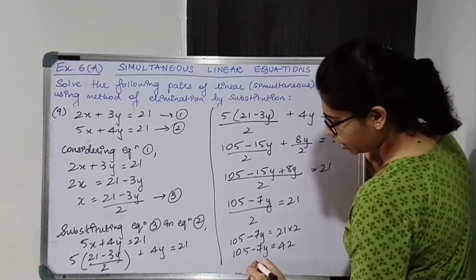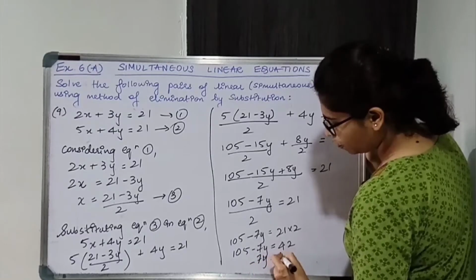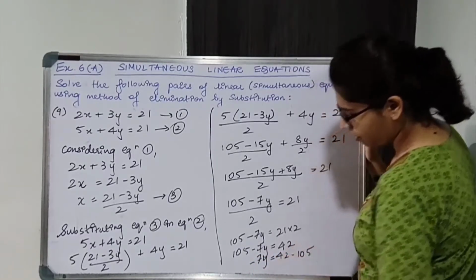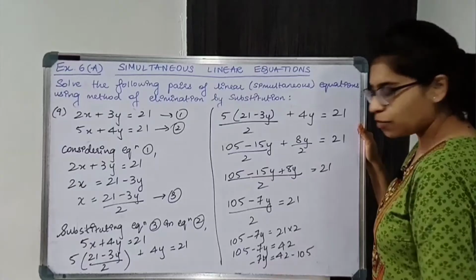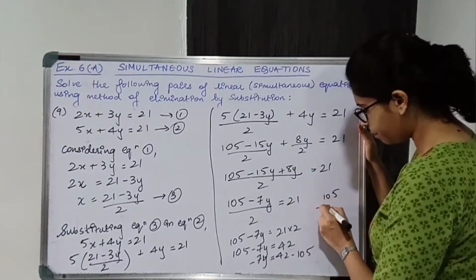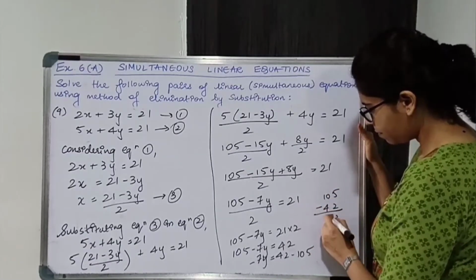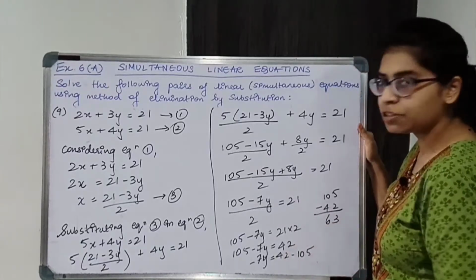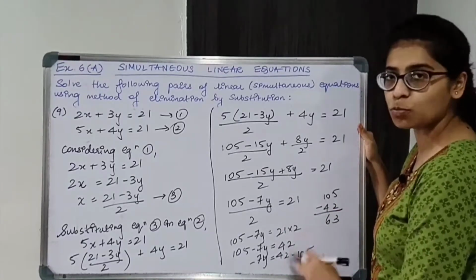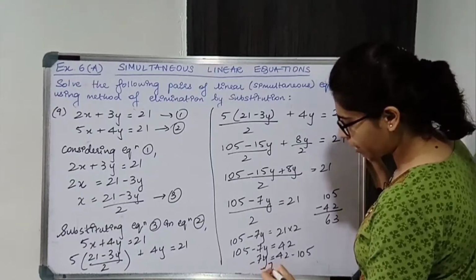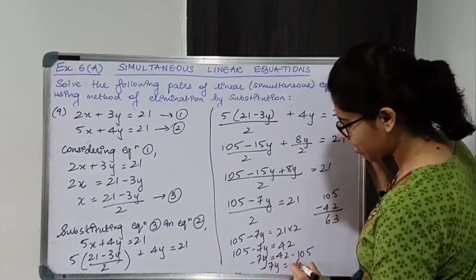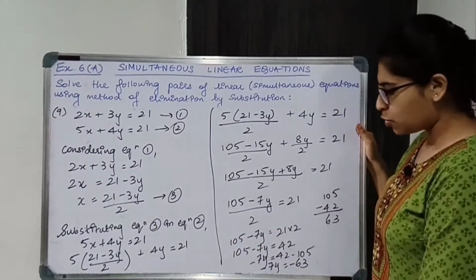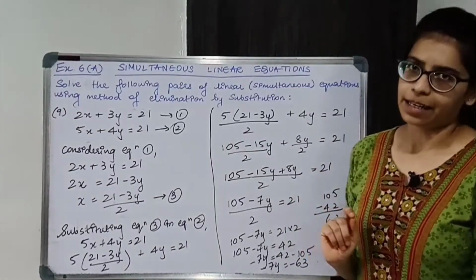Shifting 105 on the other side, 42 minus 105. Okay, so do 105 minus 42. Okay, so we are getting 63, but greater number is negative, so put negative sign. So minus 7y is equal to minus 63. Okay, so we will get the value of y as 9.